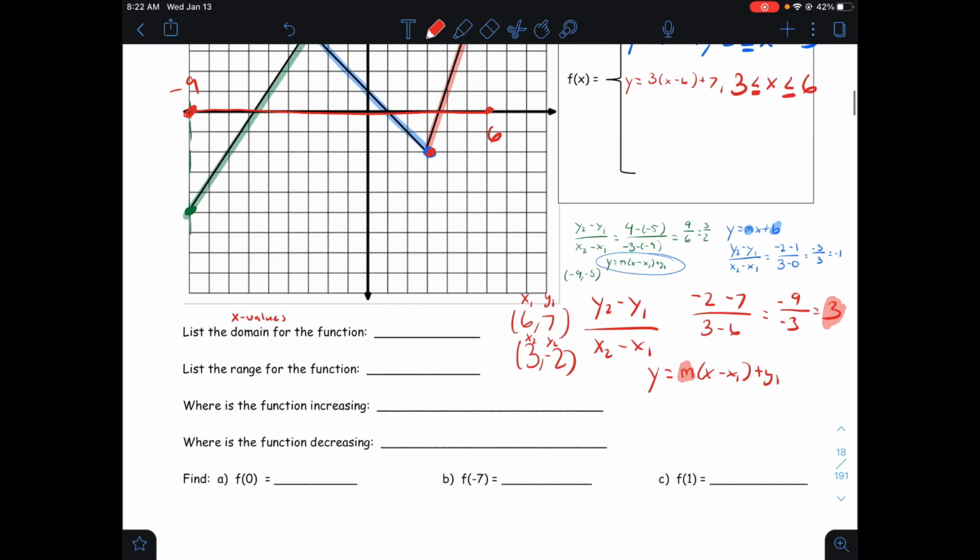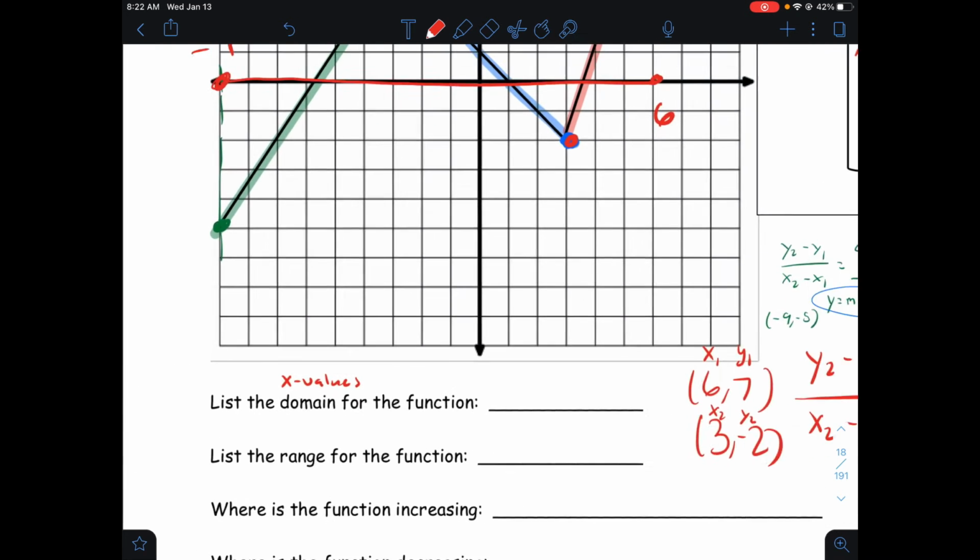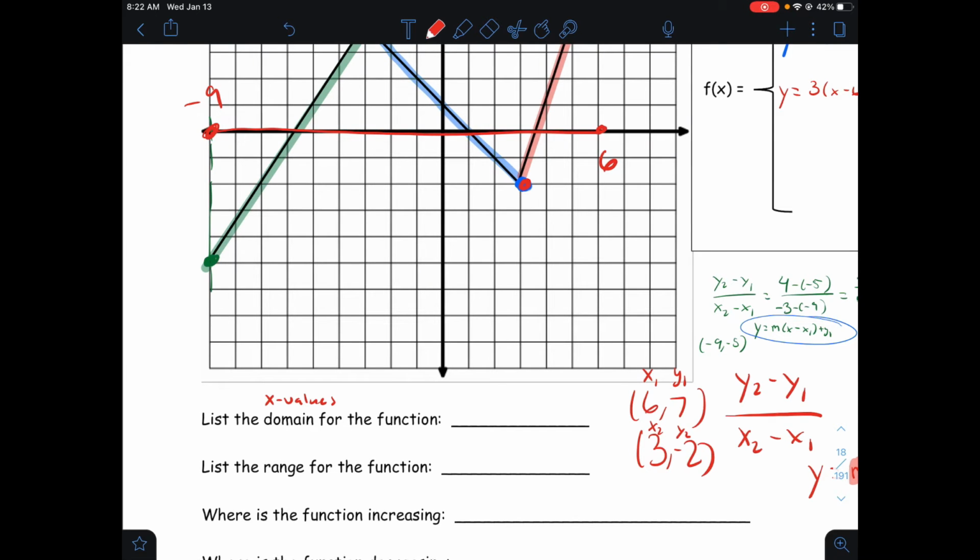So our domain here is going to be, there's two ways to write the domain. So I'm going to write them both ways so you can kind of get familiar with both notations. So one way would be that x is greater than or equal to -9. x is less than or equal to 6. That's showing that you have x values in between -9 and 6.